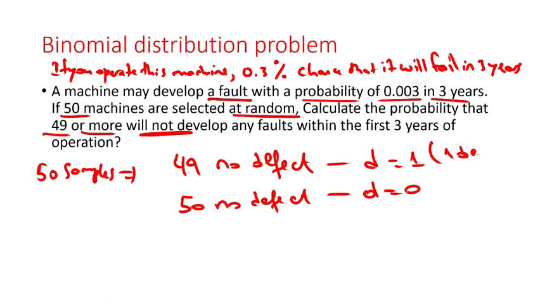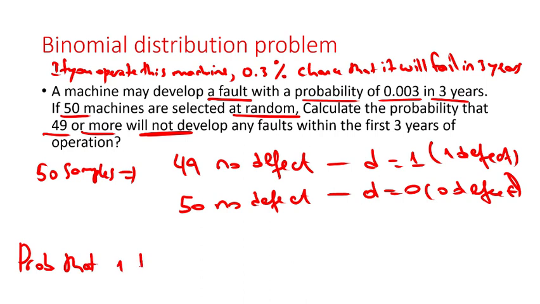So 1 defect and then 0 defect. The question also says, in other words, the probability that 1 defect is there.